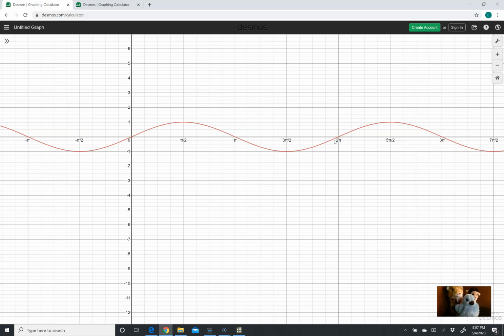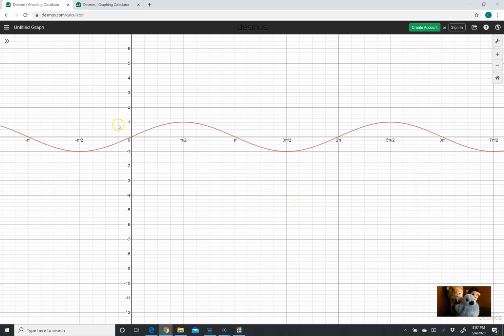So again, don't think of it as 2 pi. Think of it as a full wavelength as you come back to 0. Halfway through, you're at 0 again. And then halfway through that, in the first half, you're at 1, so you're at your amplitude, your highest point. And then in the second half, you're at your lowest point.